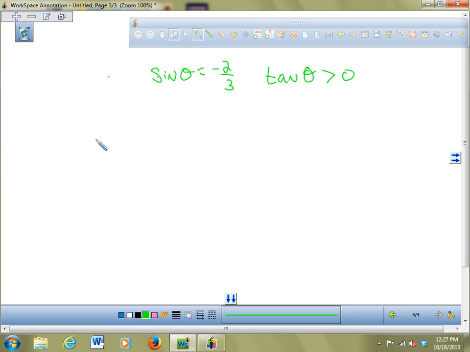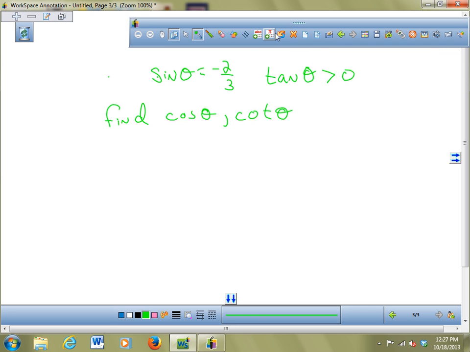And it'll say find cosine of theta and cotangent of theta. And you say, I have no clue whatsoever. Do you have any clue whatsoever how to do that? Who can tell me how to do that? Can anyone tell me how to do that? No? Good. So maybe I'll teach you something.